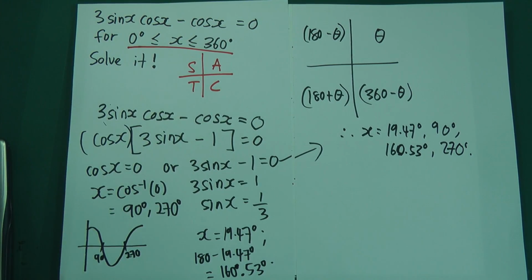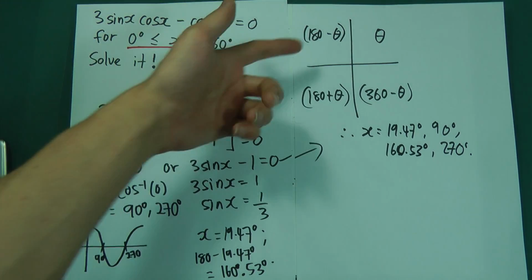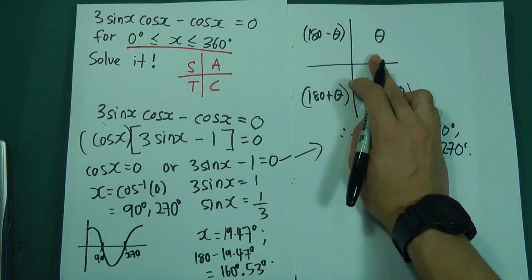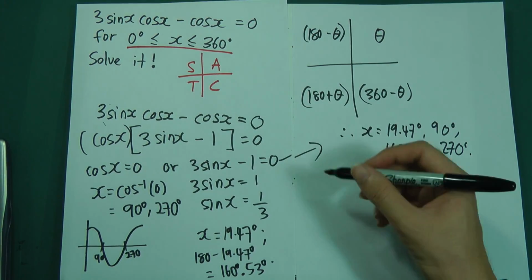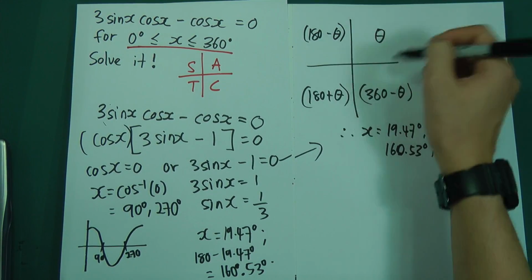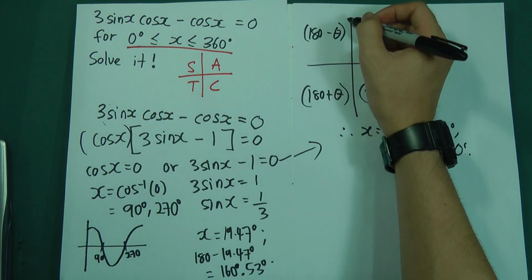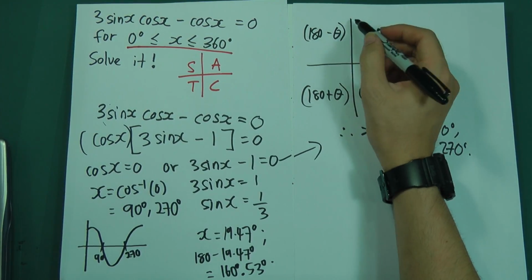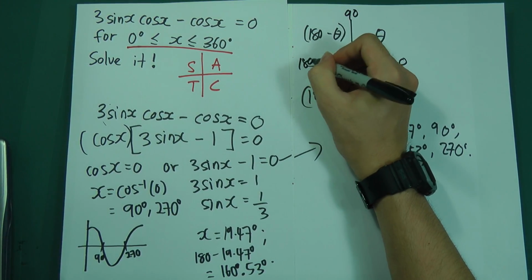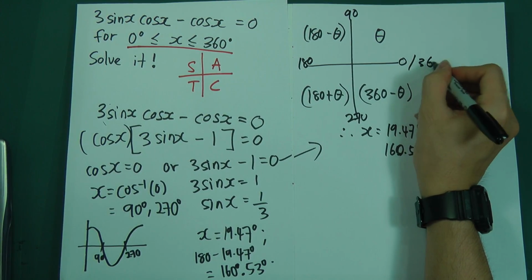Okay, so you must memorize this one, which quadrant actually will get positive, what will get negative, and you have to memorize this one also. Okay, the first quadrant, the angle is always less than 90, and second quadrant will be 90 to 180, this one 180 to 270, the last one is 270 to 360.